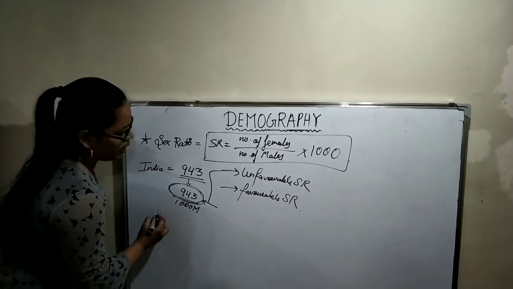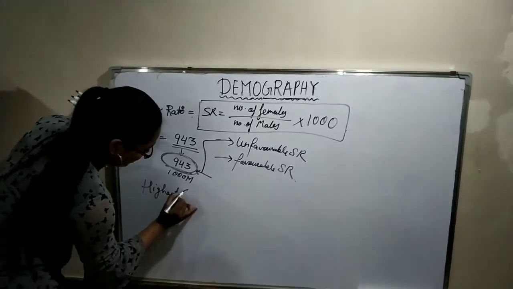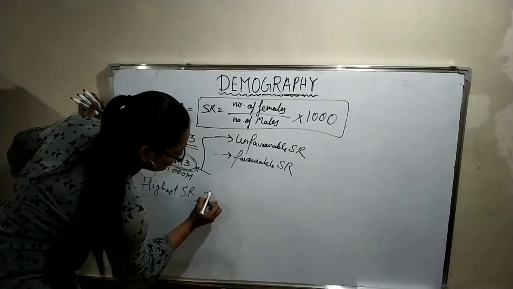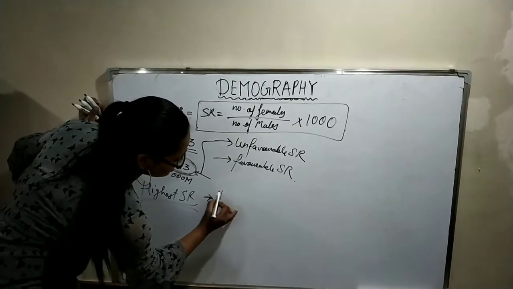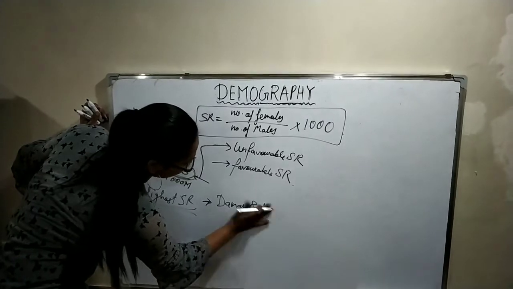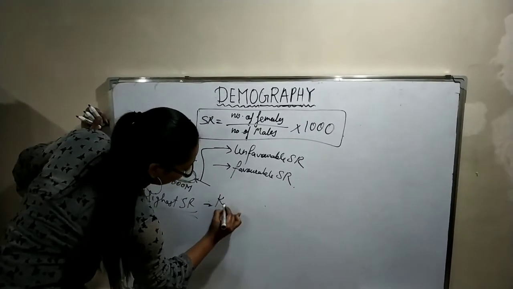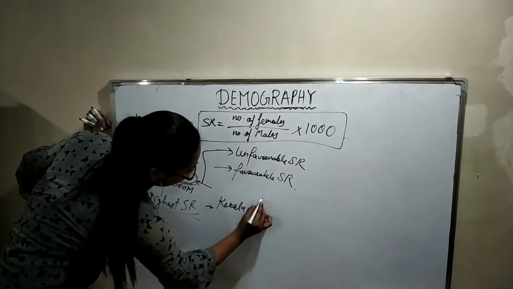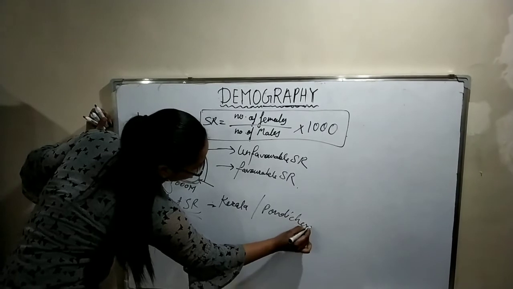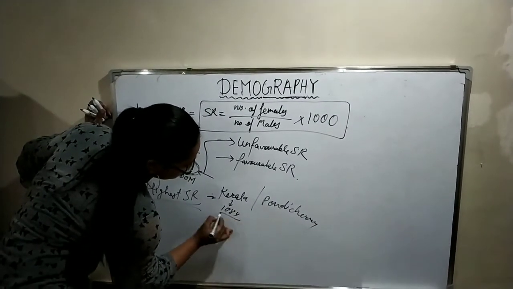Then if we talk about highest sex ratio. Highest sex ratio according to Union Territory, it is Daman and Diu. Sorry. Highest sex ratio, it is Kerala and also Pondicherry. Kerala has 1084 sex ratio.